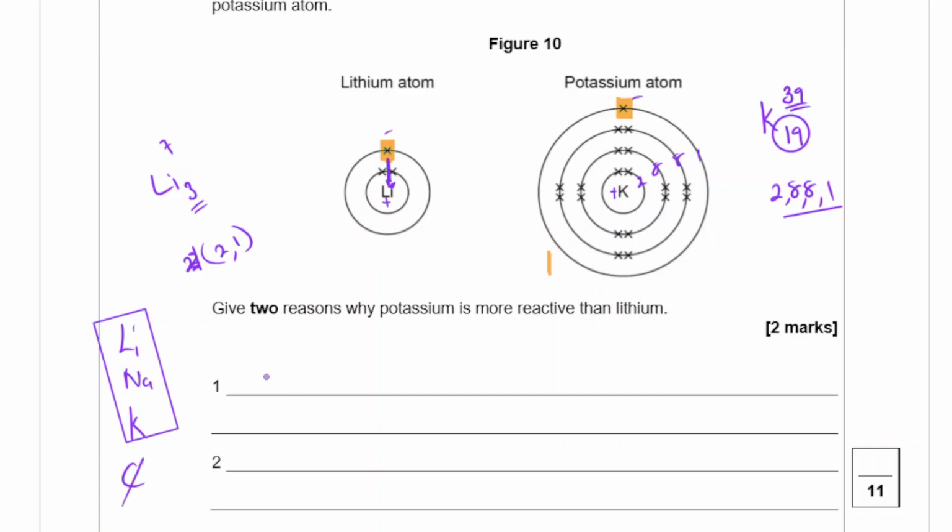So reactivity increases down the group, right? Now they would actually accept this answer. They're not asking you to explain why.